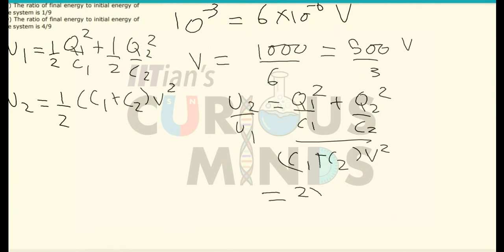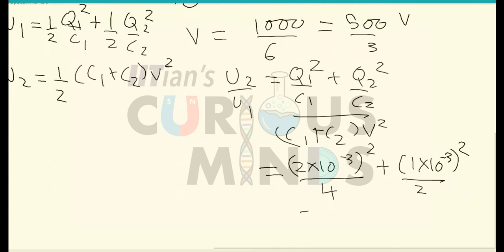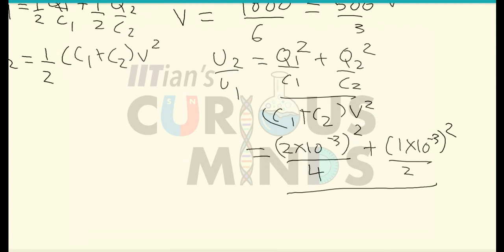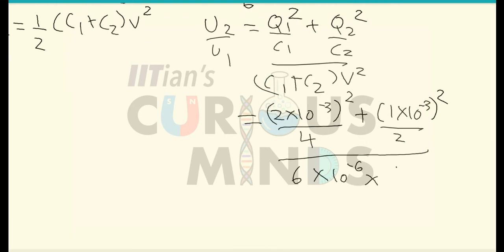So 2 into 10 raised to minus 3 the whole square divided by 4, plus 1 into 10 raised to minus 3 the whole square divided by 2, divided by C1 plus C2, that is 4 plus 2, which is 6 into 10 raised to minus 6 into V square. So V square will be equal to 25 into 10 raised to 4 divided by 9.